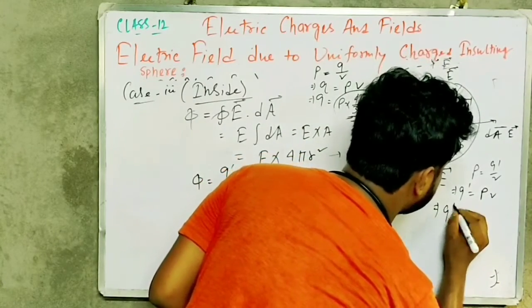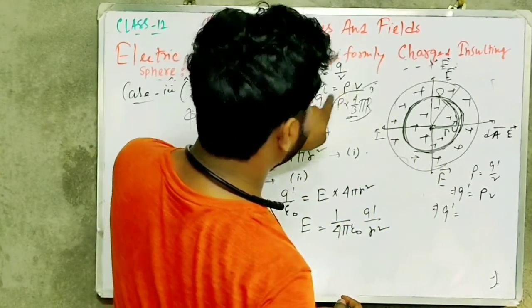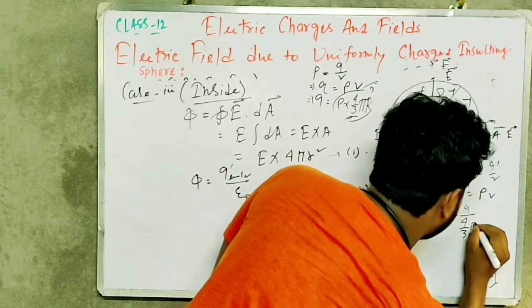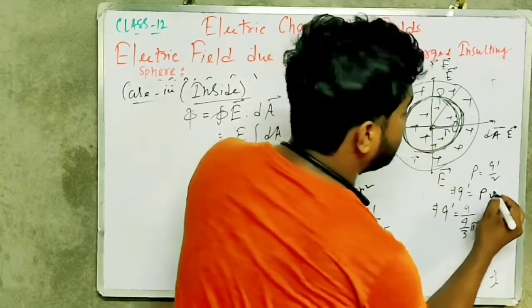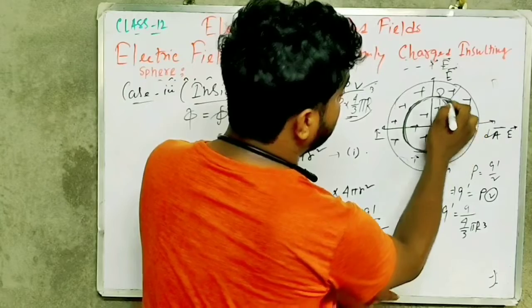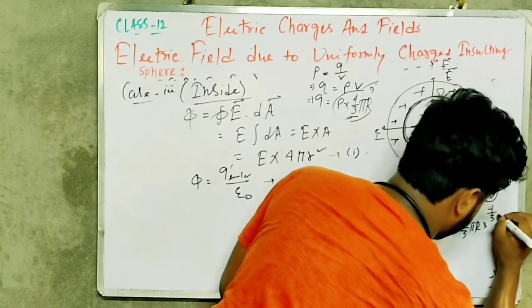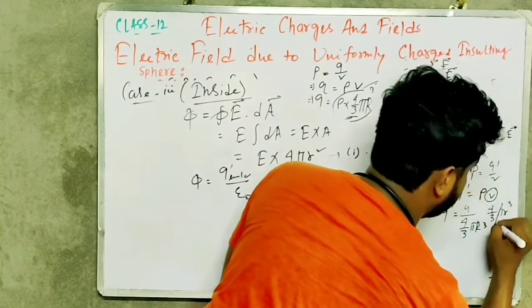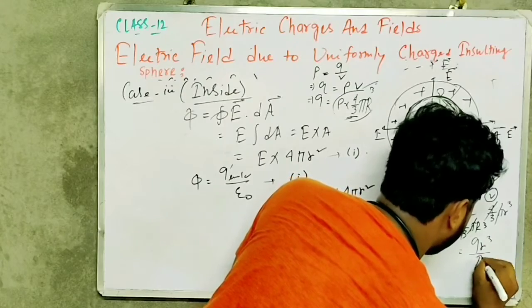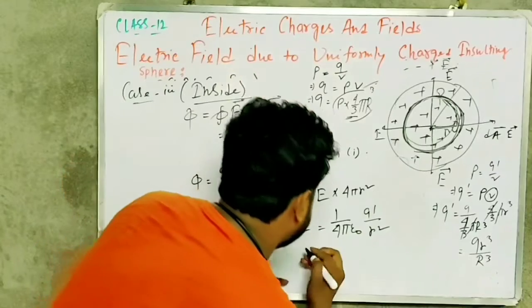Here rho is Q by V, that is Q by 4 by 3 pi capital R cube, and what will be the value of small v? The small v value will be the volume of this Gaussian surface, that is 4 by 3 pi small r cube. This is cancelled out, so the expression is Q small r cube by capital R cube. Clear? Just putting the value here.